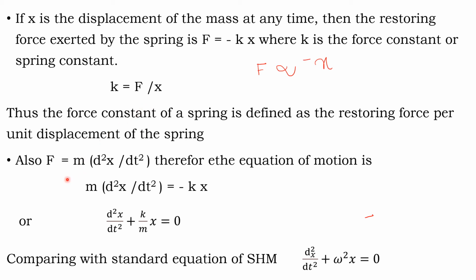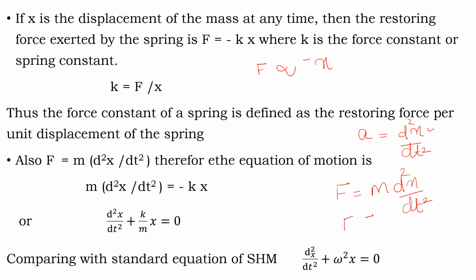From Newton's second law, the force F is equal to ma, where a can be represented as d square x by dt square, where x is the displacement of the mass at any time. Therefore, this force can be represented as m into d square x by dt square.